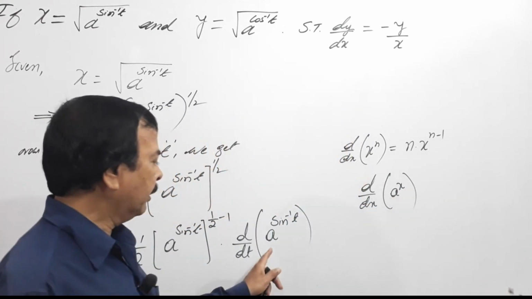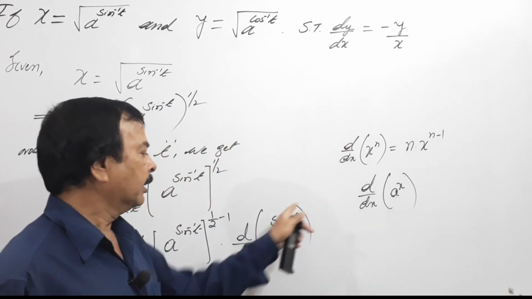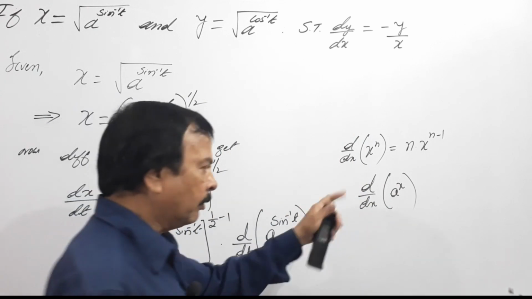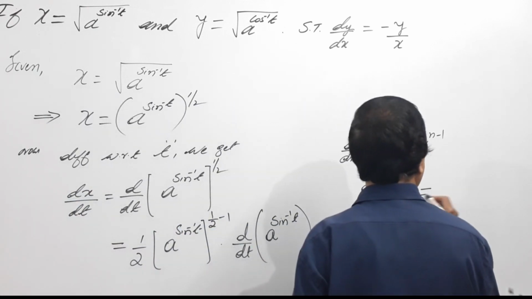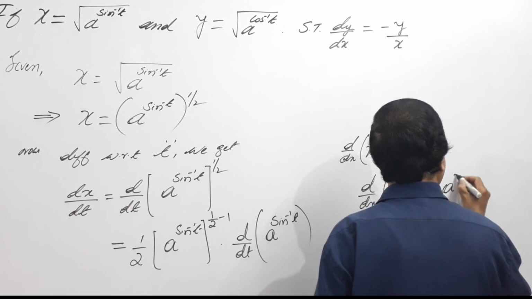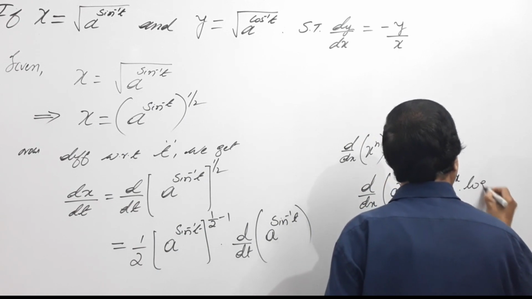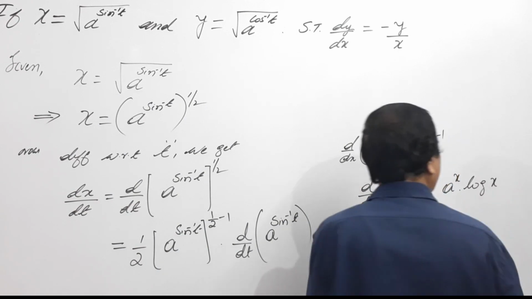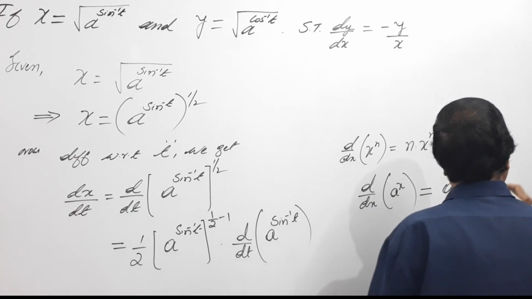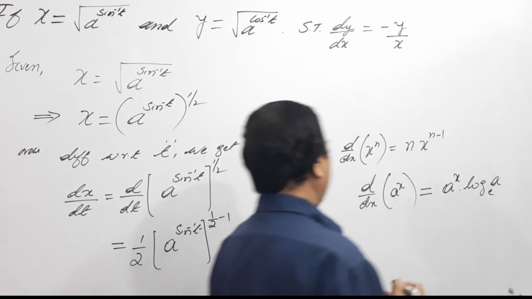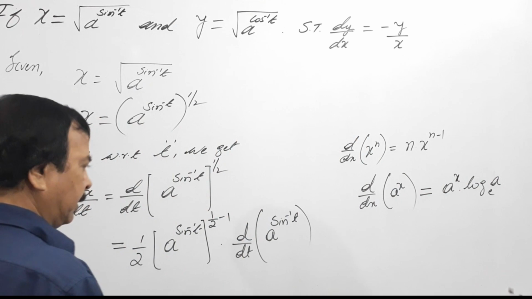This is of that type, a to the power of x, where x is sine inverse t. What is the solution for this? This is nothing but a to the power of x log a to base e, right? So I have to use that concept here.